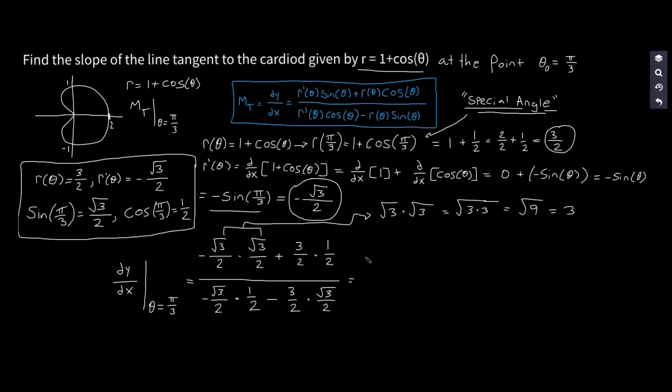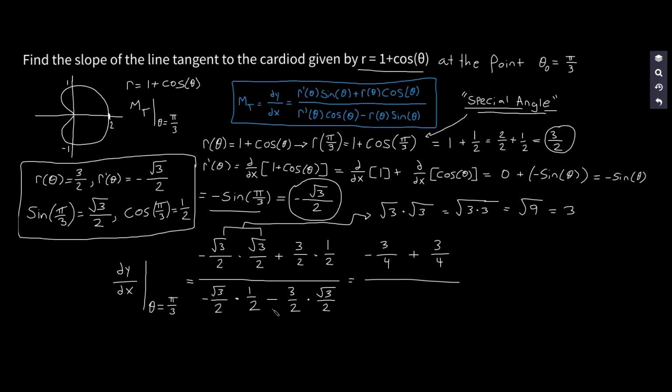So negative 3, and we multiply the denominators together, 2 times 2, which is 4. So we get negative 3/4 plus 3 times 1, which is 3, over 2 times 2, which is 4. So in the numerator we end up with negative 3/4 plus 3/4.